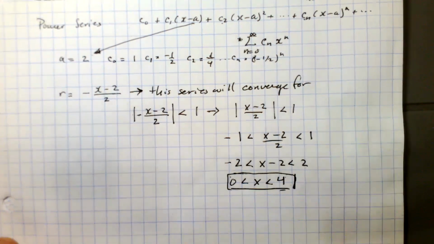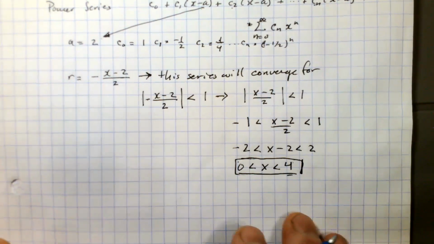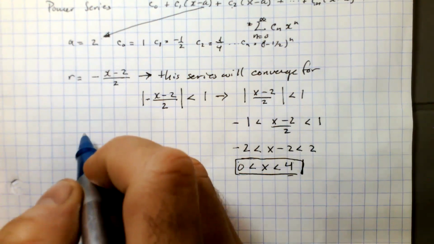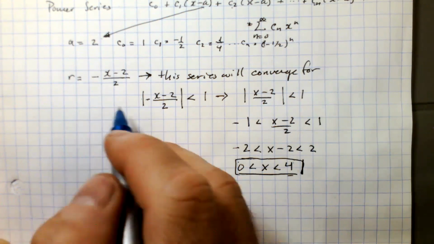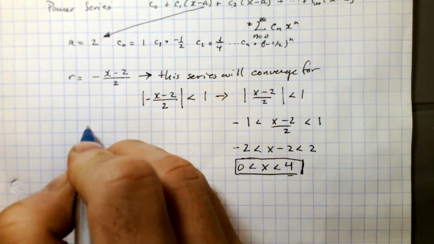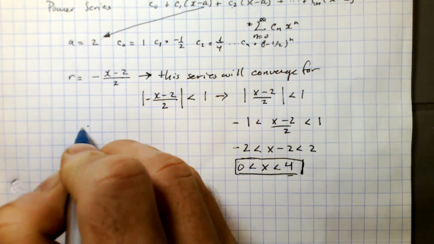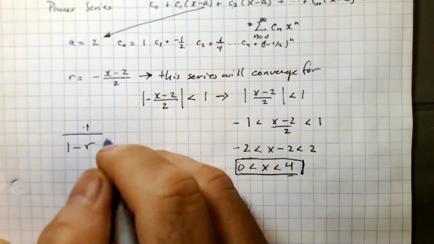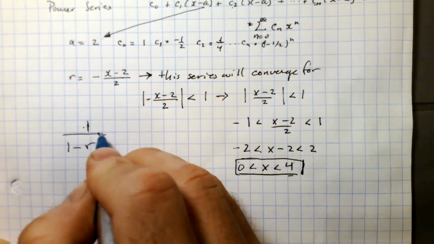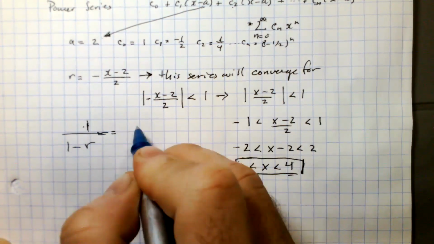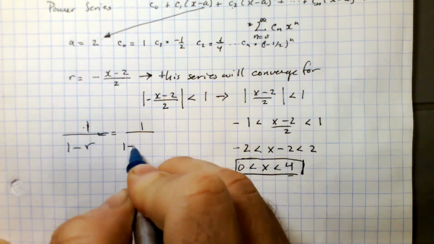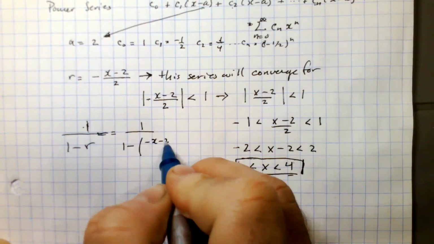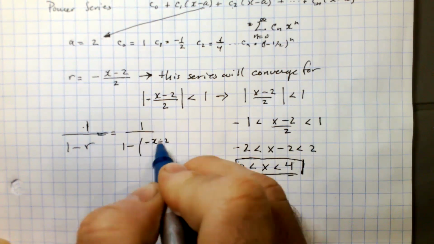We can then utilize the exact value of the sum, since we know that a is 1. In the formula for a geometric series, the infinite series value is a over 1 minus r. We're going to have 1 over 1 minus our ratio, which is negative (x minus 2) over 2.